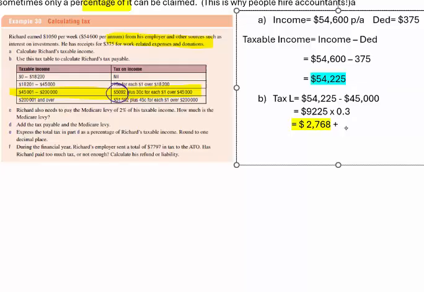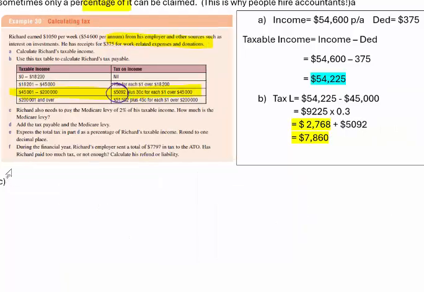So we have to remember to add the $5,092 for the bucket beforehand. If we put that in the calculator, we get $7,860. So that's how much he actually owes for his taxable income.